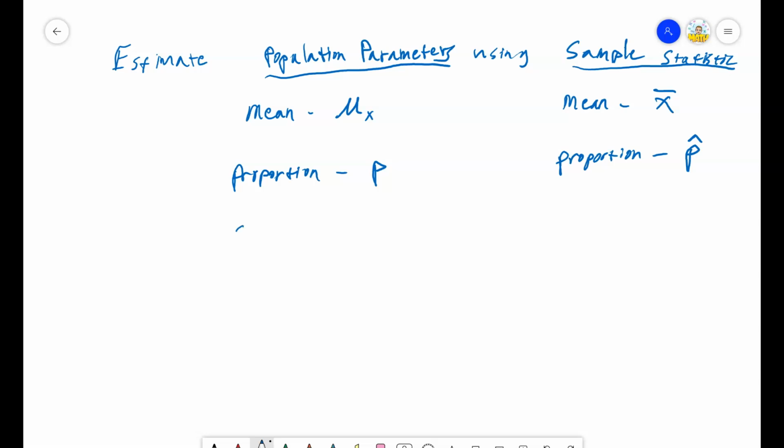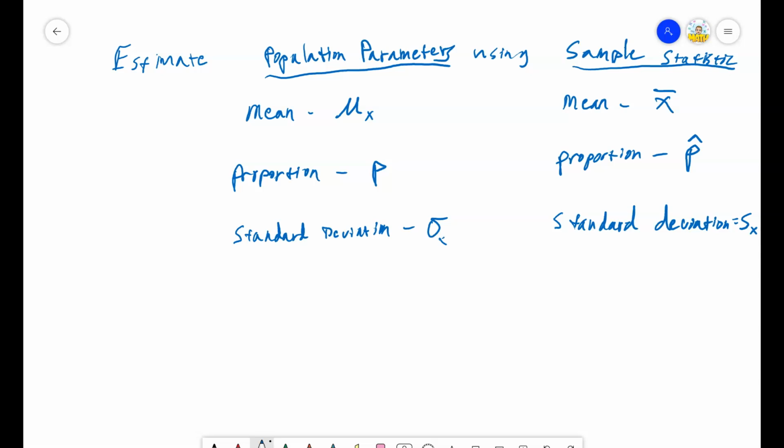So for standard deviation, again, we've seen this symbol often, sigma, and for sample standard deviation, we just use S sub x. That's your sample standard deviation.